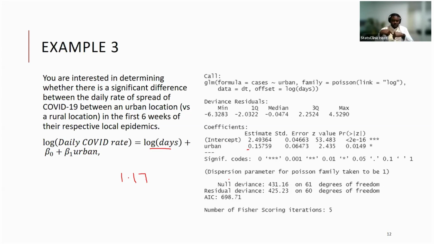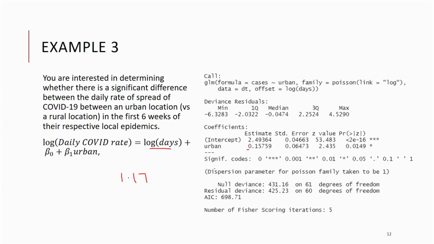If it was less than 1, you use the minus approach that we used earlier. But now that it's more than 1, you just say that the daily COVID rate in the urban centers is 1.17 times the daily COVID rate in the rural centers.